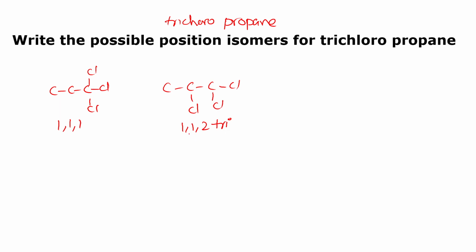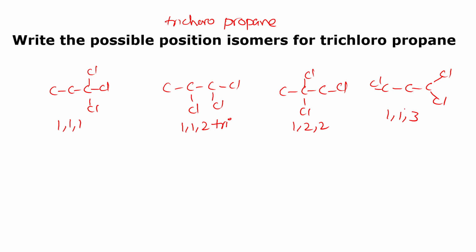Propane. Coming to the next one, I would like to mention it as 1,2,2 trichloropropane. Next one more I would like to mention, here a chlorine, here a chlorine, here a chlorine: 1,1,3 trichloropropane.